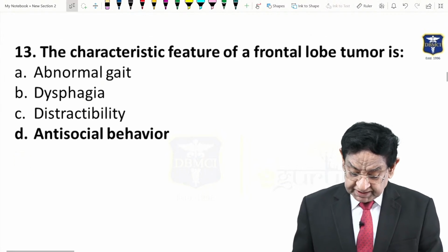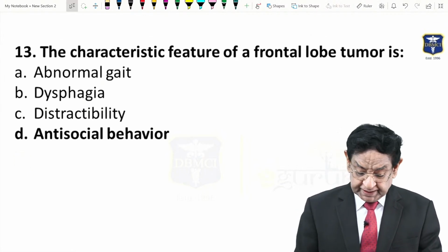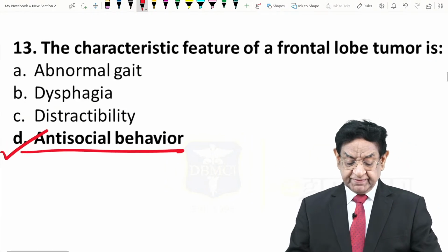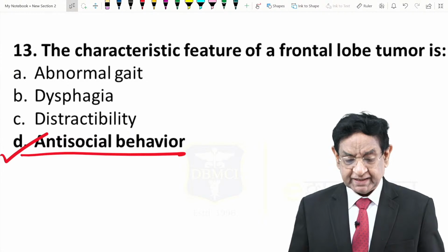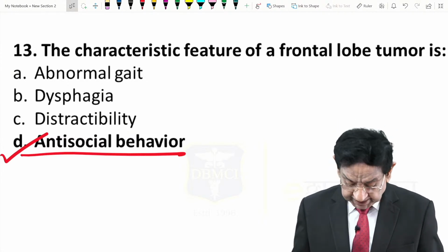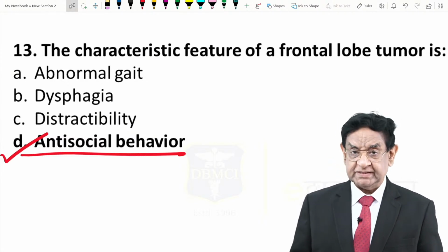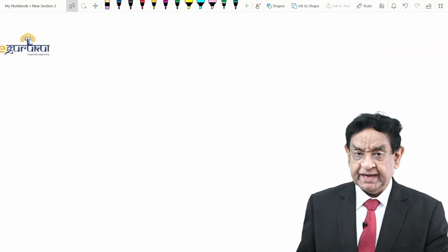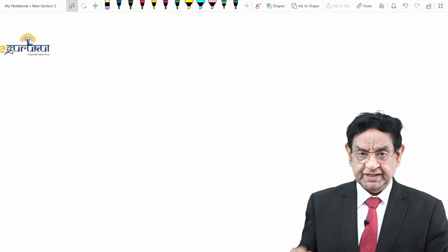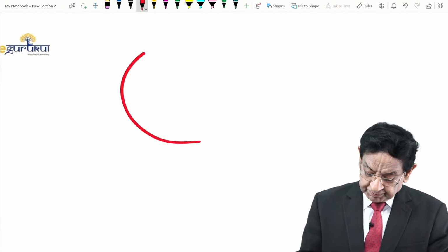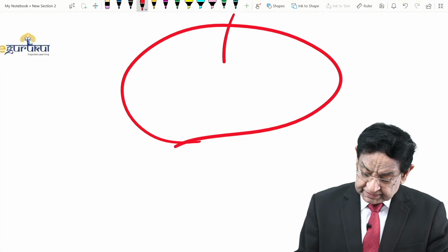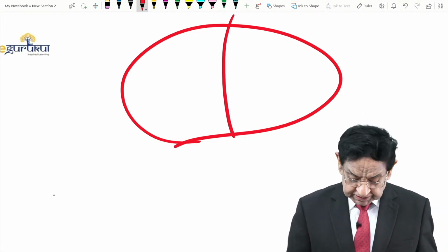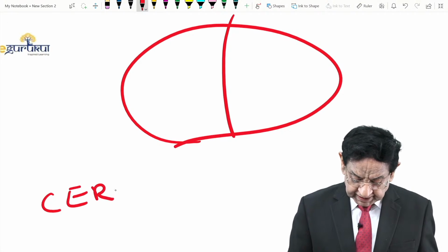Well, the characteristic feature of frontal lobe tumor is antisocial behavior. In the answer key given to you there was a typing error, but the right answer is antisocial behavior. Why this answer? That you will never understand unless you know the anatomy and physiology of the frontal lobe. I'm talking about the cerebral hemisphere.